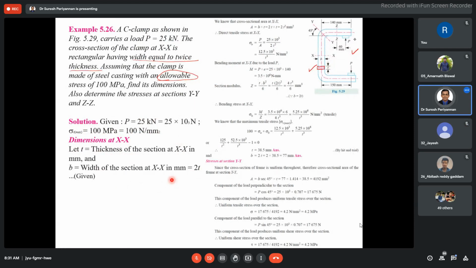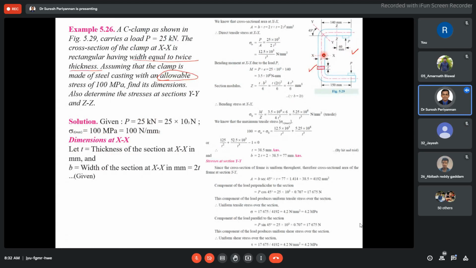Now see here. When the load is acting on the C clamp, the load is applied at the inside of the clamp, but it is acting in the outward direction of the clamp. Hence the inner section XX is going to be subjected to tensile stress.